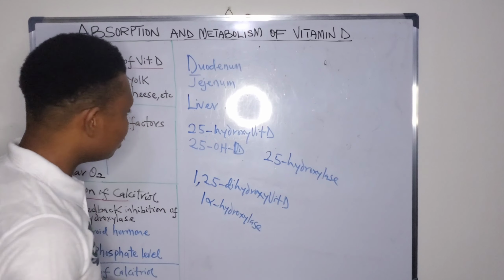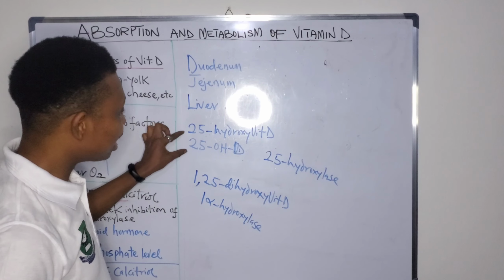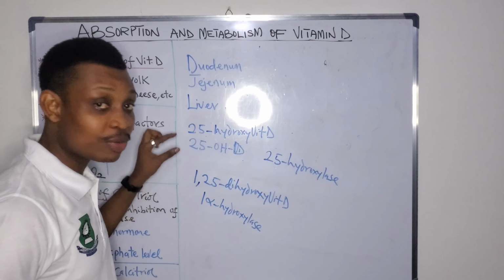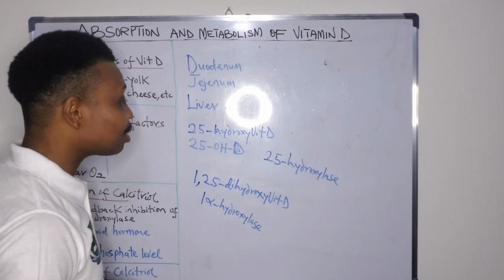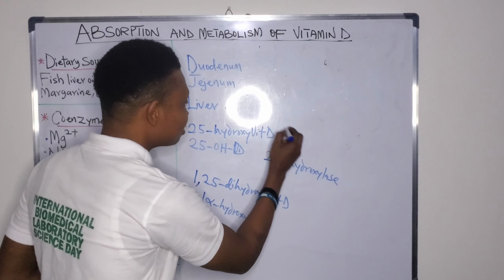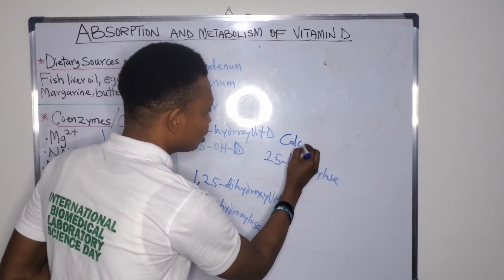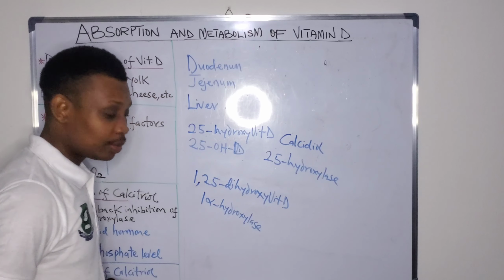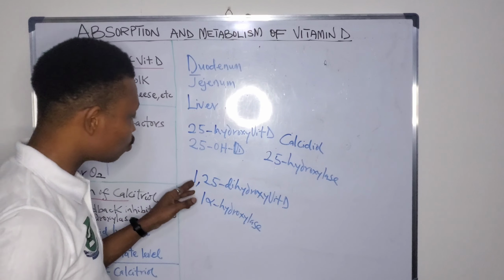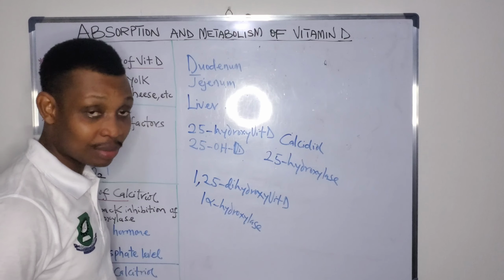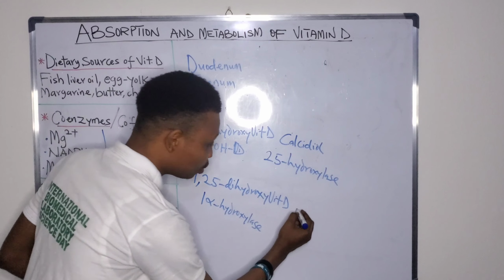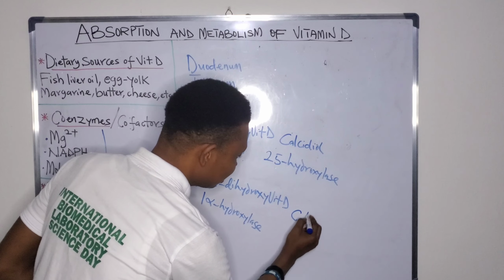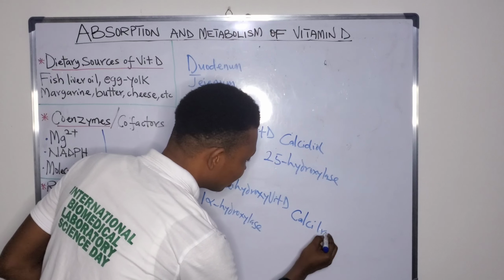Now, this 25-hydroxy vitamin D that was formed in the liver can also be called calcidiol, whereas this 1,25-dihydroxy vitamin D is also referred to as calcitriol.